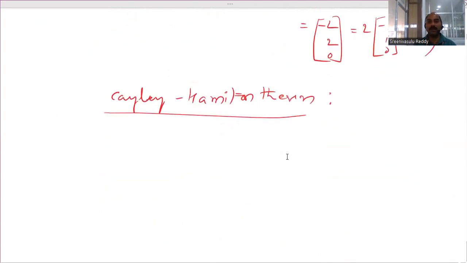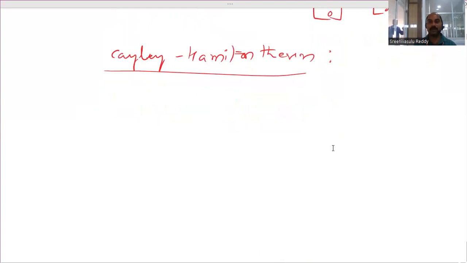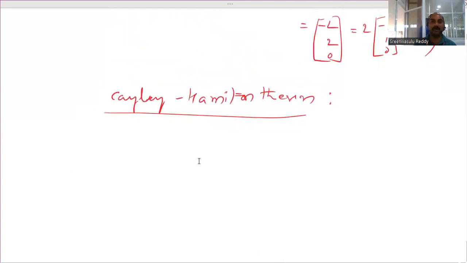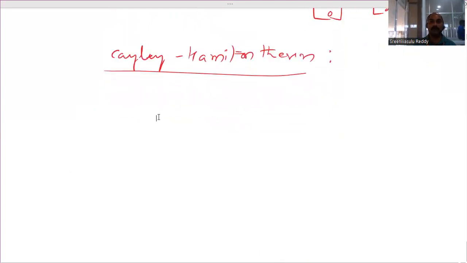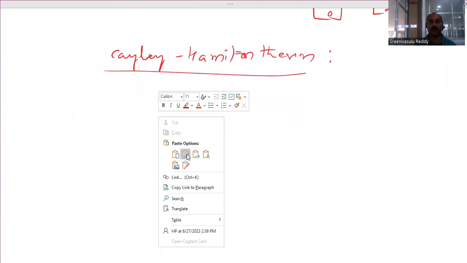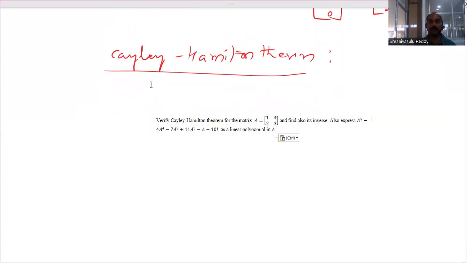There are many concepts they proved in calculus, also in mathematics especially. So anyhow, verify the Cayley-Hamilton theorem for the matrix. Find also its inverse. The characteristic equation is also used to find the inverse or some exponent like that. So here we are going to see all these things.